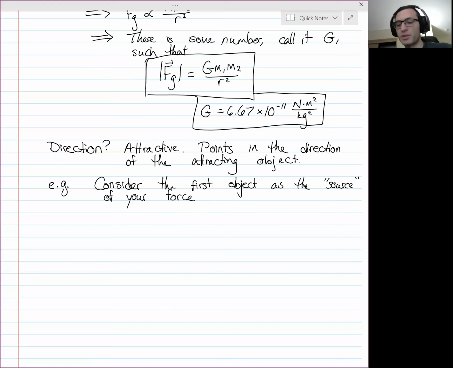Right, so consider the first object as the source of the force, and the reason we're doing that is because we're interested in computing the direction of the force on the second object. So to do that, we're going to make it the origin of the coordinate system.